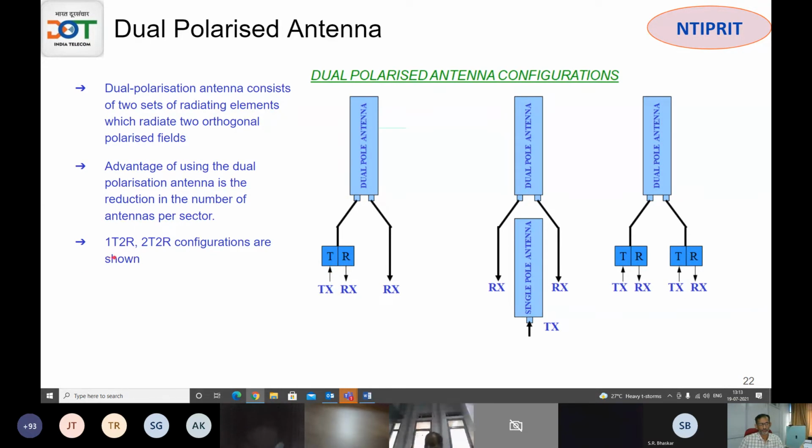That is popular up to 3G, but in 4G we start with 2T 2R and 4T 4R. For 4T 4R, if you want to have it with a normal antenna of this type, you need to have two antennas here. Otherwise, you have to separately order an antenna with 4 ports. I hope this concept of 2T 2R, 4T 4R is somewhat clear from this.